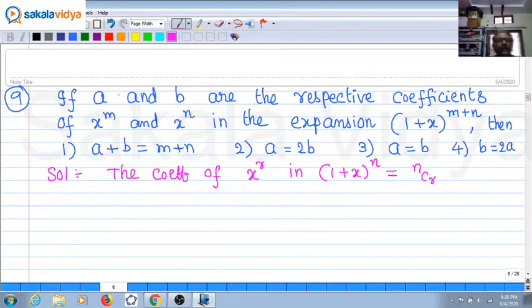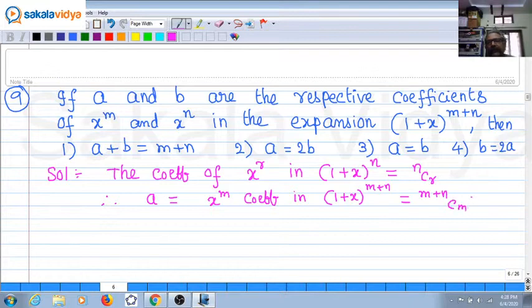So now what is A here? A is the x to the power of m coefficient. Therefore, A equals the x to the power of m coefficient in (1 plus x) all to the power of m plus n. So this equals (m plus n)Cm. Say equation 1.